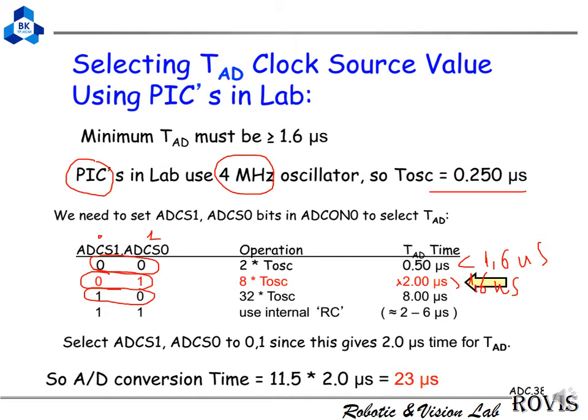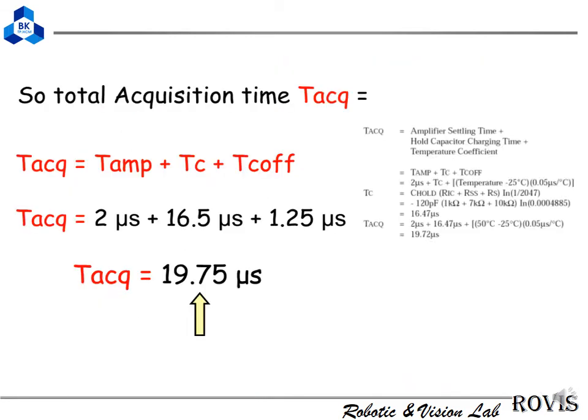So the AD conversion time will equal about 11.5 or 12 multiplied by 2 microseconds, equal to 23 to 24 microseconds. And this is the conversion time. We also need the time for acquisition, that means the time to read the analog value.